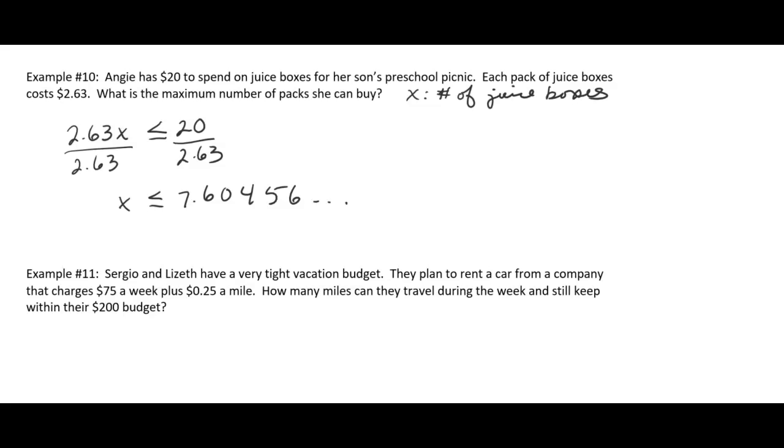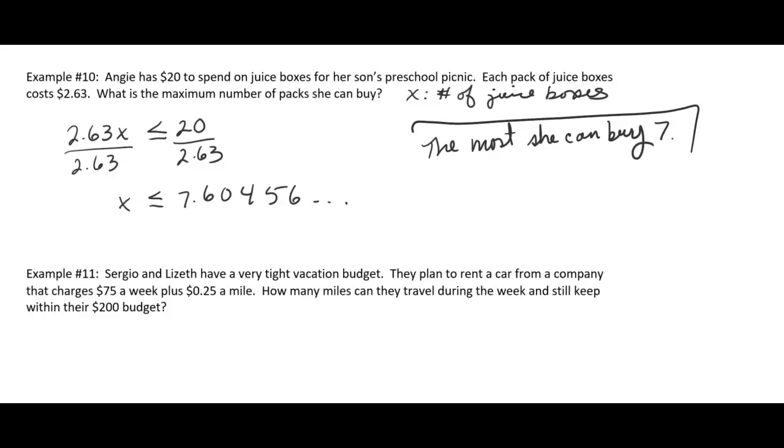So the most she can buy is 7. We need a whole number answer here because you can't buy part of a pack. They won't let you do that. So she can buy 7, but she doesn't have enough to buy 8.